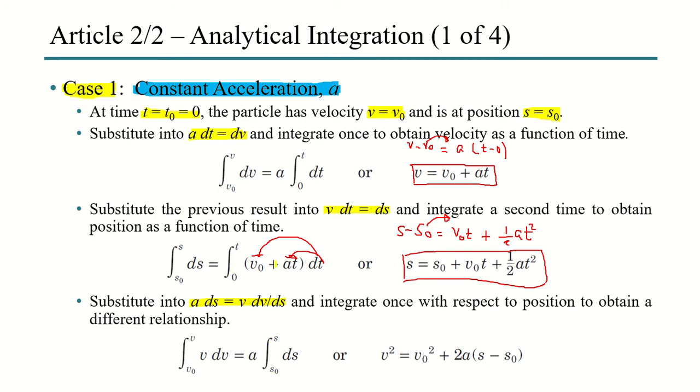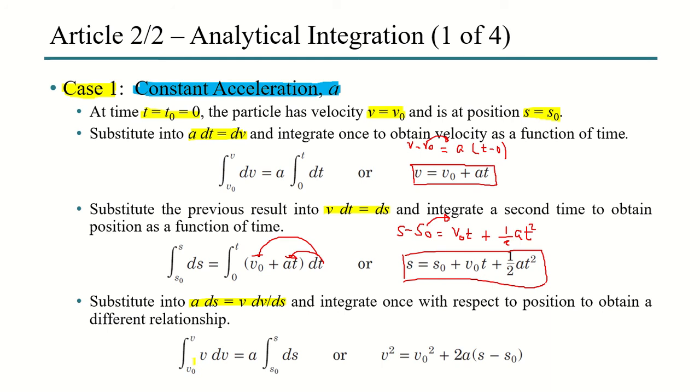Then we have here v dv, so integrating v dv, that would be v squared over 2. Okay, v squared over 2.